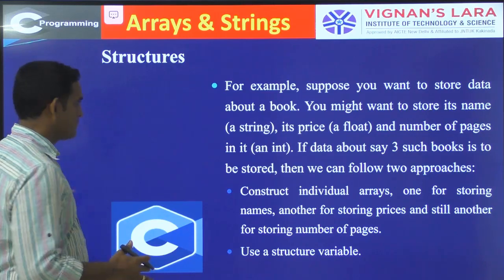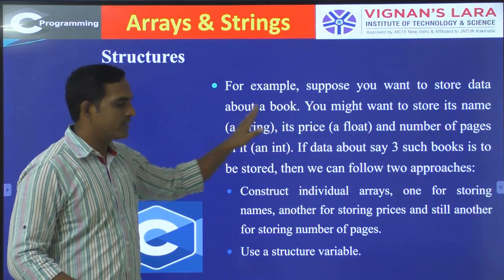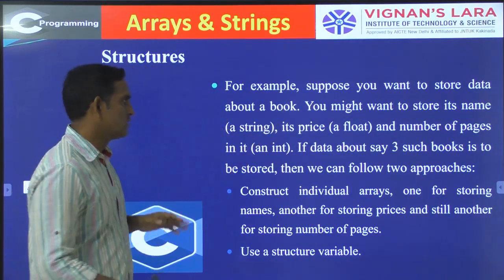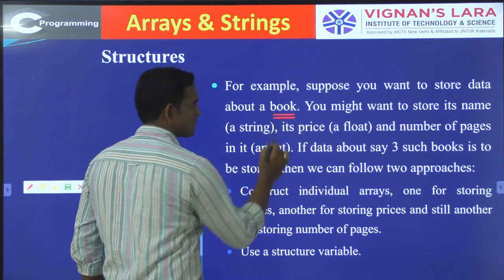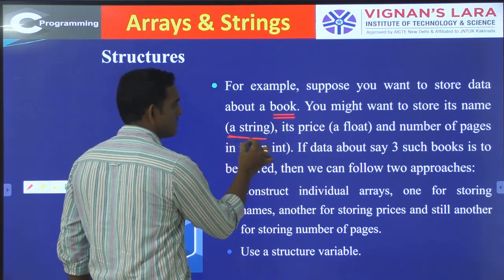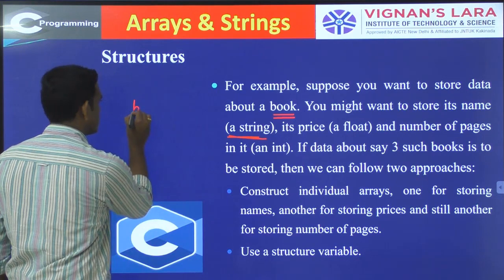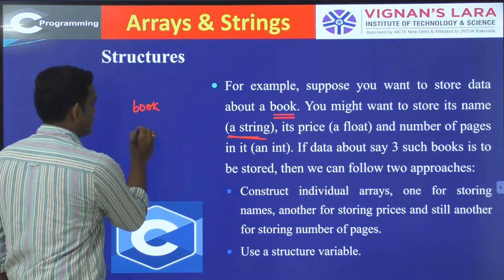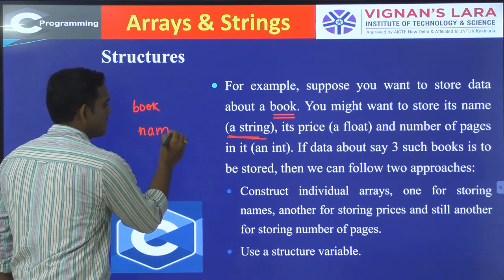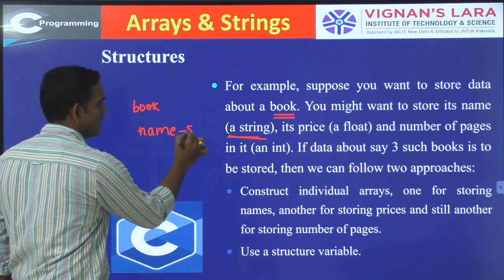So for example, suppose you want to store data about a book. A book will have a name. The name is usually a string.